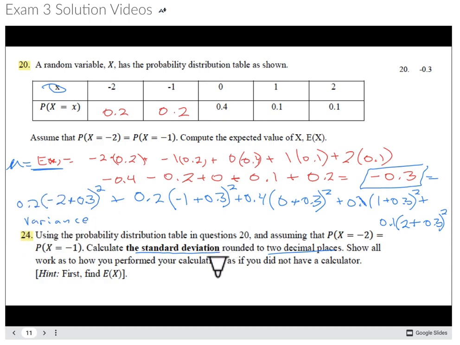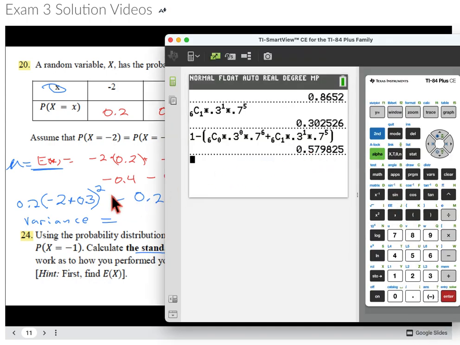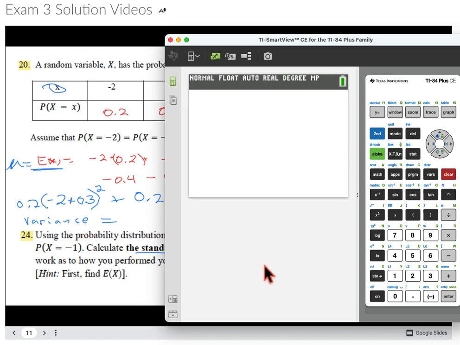So I'm going to put that here. And then to get the standard deviation, we're just going to take the square root. So let's go ahead and put this in. You could do it individually and write them down, however, whatever method works for you. I think I'm going to enter all these as I go in one line. So let me clear this stuff out. 0.2, and you can do times or something. I think with the parentheses it's implied, but -2.